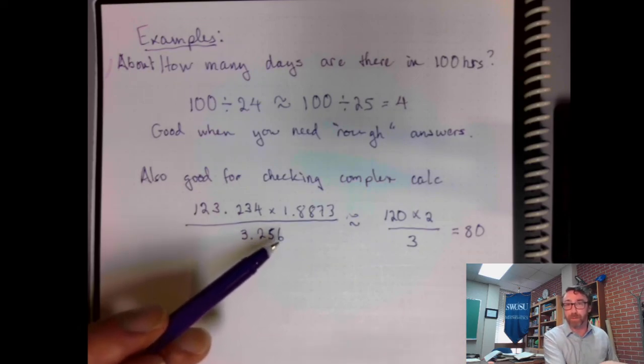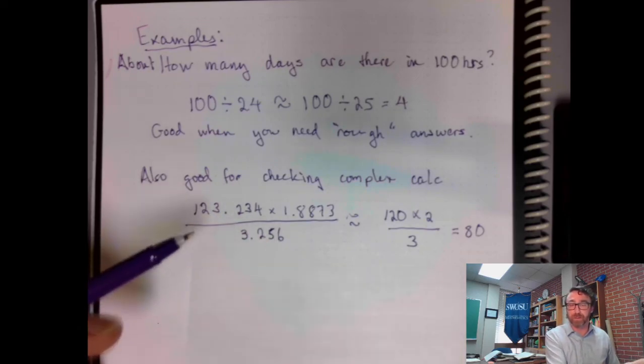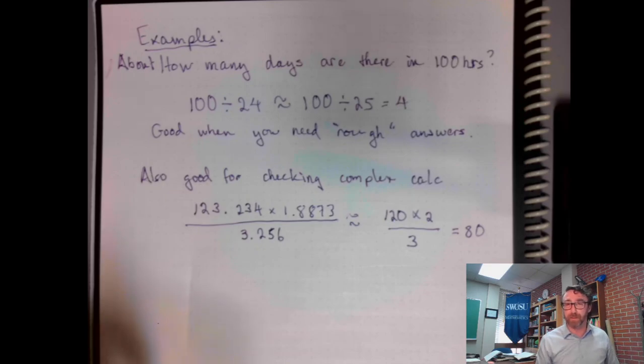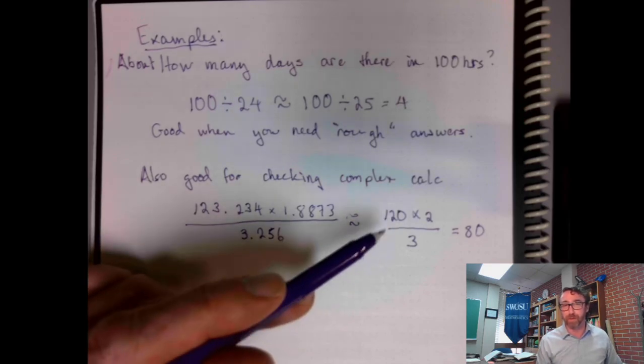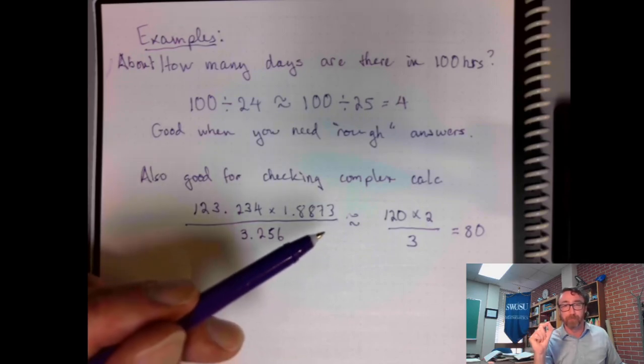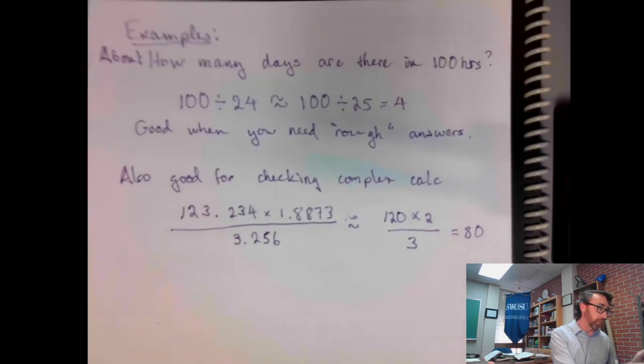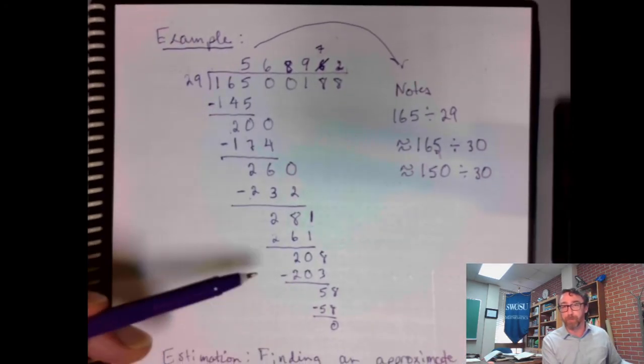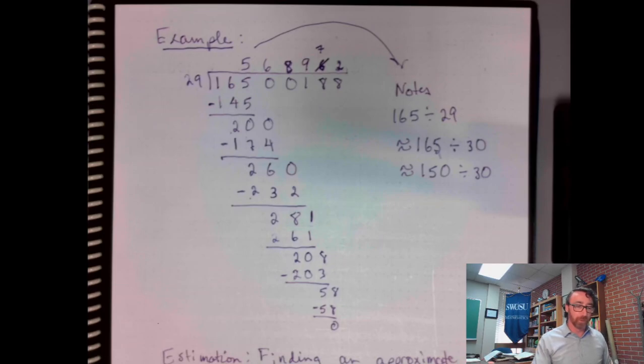Yeah, you rounded, but it's still a complex calculation. Okay, so you want to round to stuff that makes the computation something you can do mentally, because that's what we're going to be having to do in the division algorithm. Okay, so the beginnings of estimation are going to help us with that division algorithm.